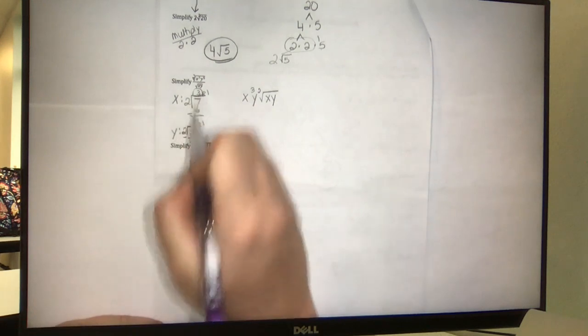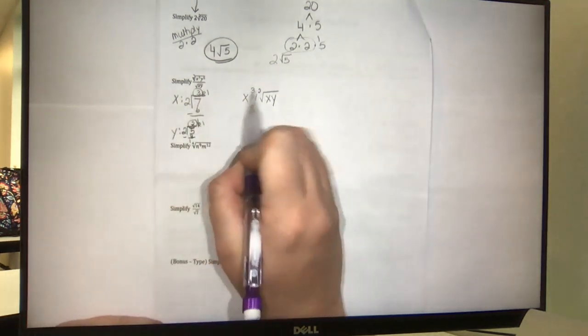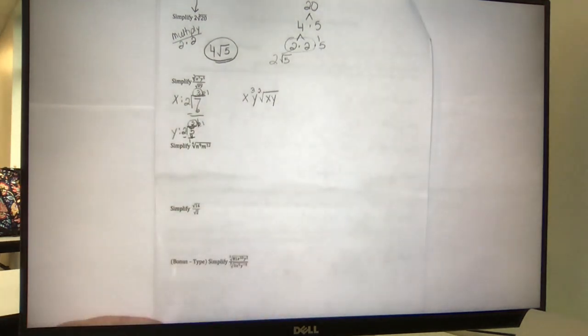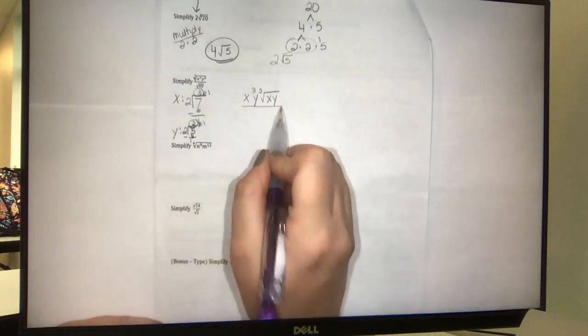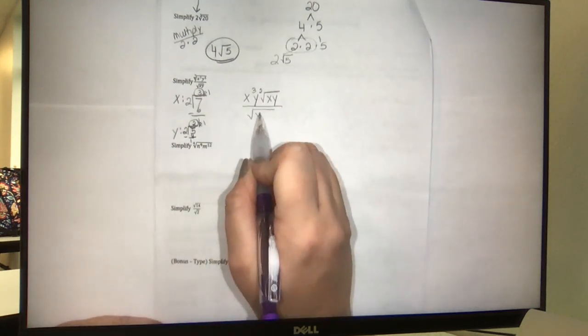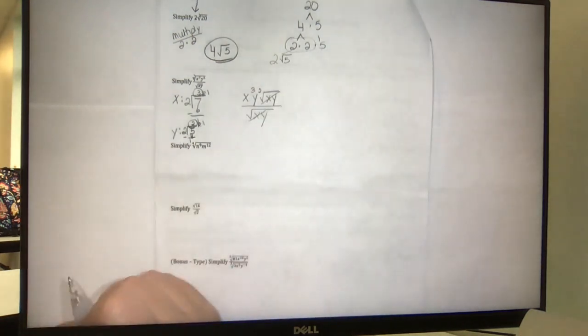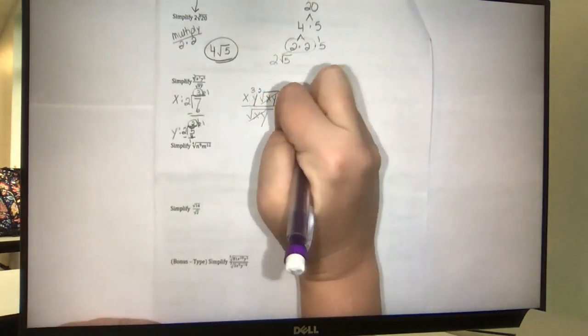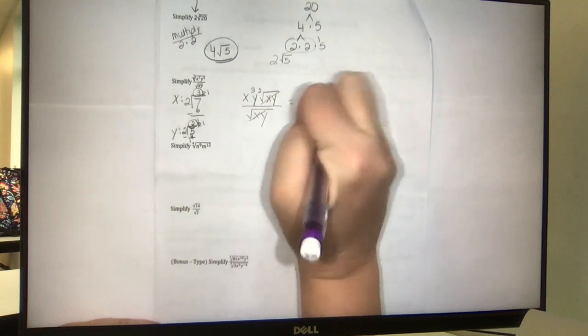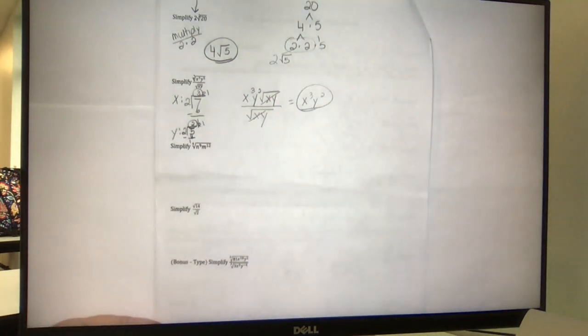Remember, this whole number is who comes outside. The remainder is who stays under. Then, if I compare that to my denominator, what can I do? I can cancel. And your whole answer is just x cubed y squared.